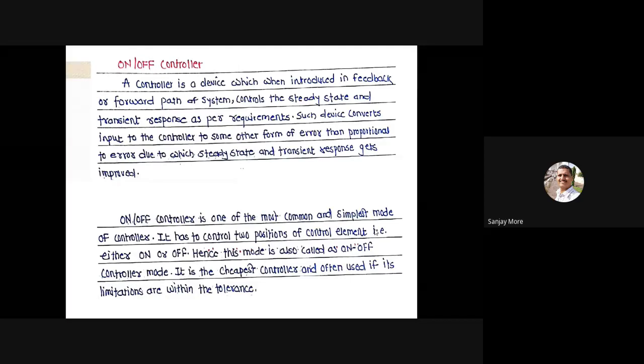Hence, this mode is also called on-off controller mode. Full stop. It is the cheapest controller and often used if its limitations are within the tolerance.